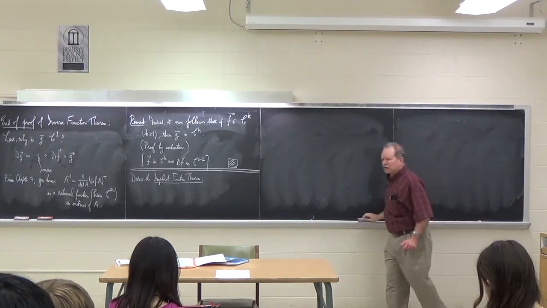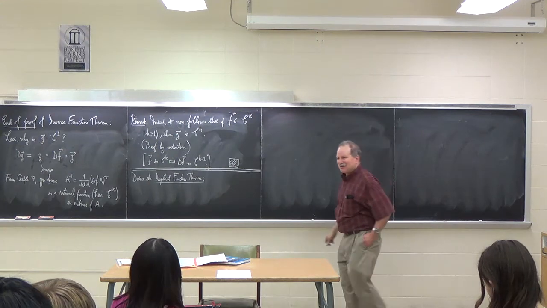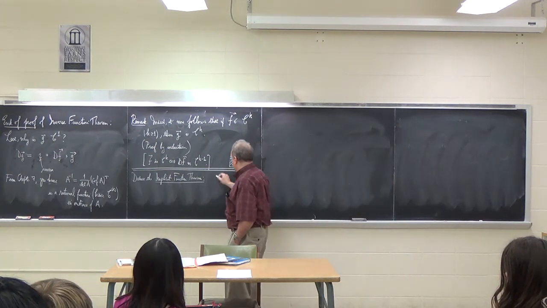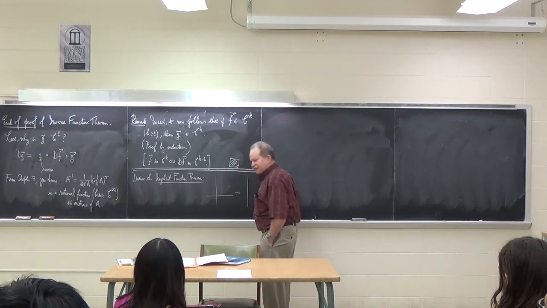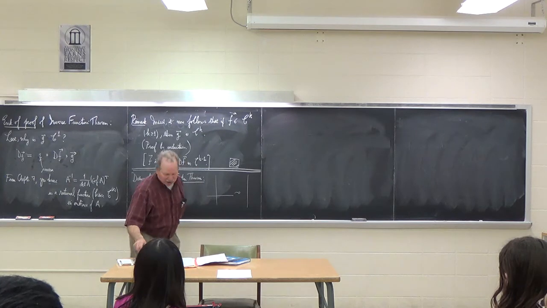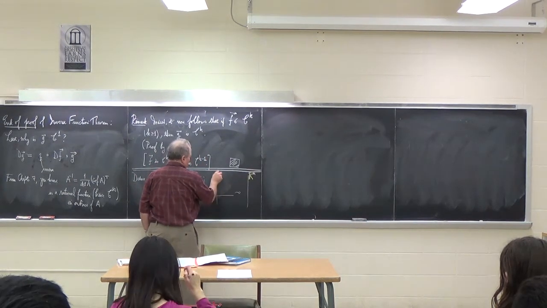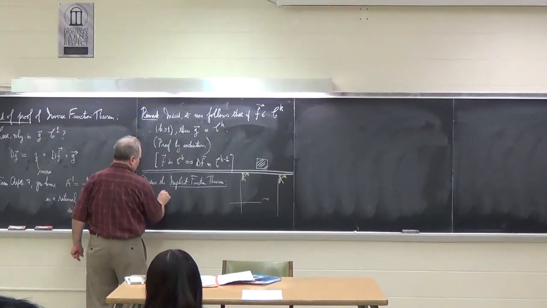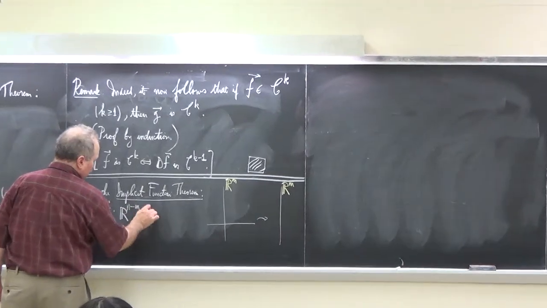Now, of course, if I rewrite the whole statement of the theorem, I'll fill up all the board, so I'm not going to do that. You already have it in your notes and in the book. So the implicit function theorem, remember though, the picture is this. I'll draw the picture. And then I'll embellish the picture. We have a function, capital F, mapping R^n, which we split up this way.